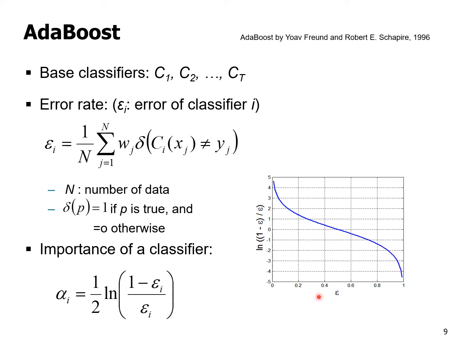If a certain classifier has a high error value, then its importance becomes smaller. On the other hand, if a classifier has a very small error, then it has a very high importance value. So this shows the shape of this function, and it makes sense. And this is the importance or weight value of classifier used in the AdaBoost algorithm.